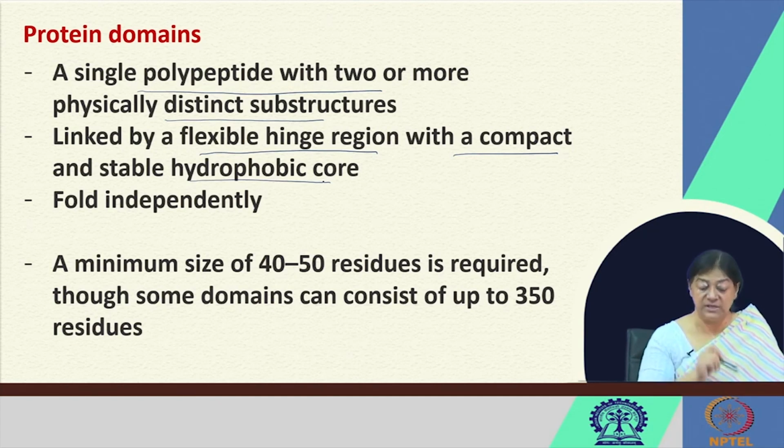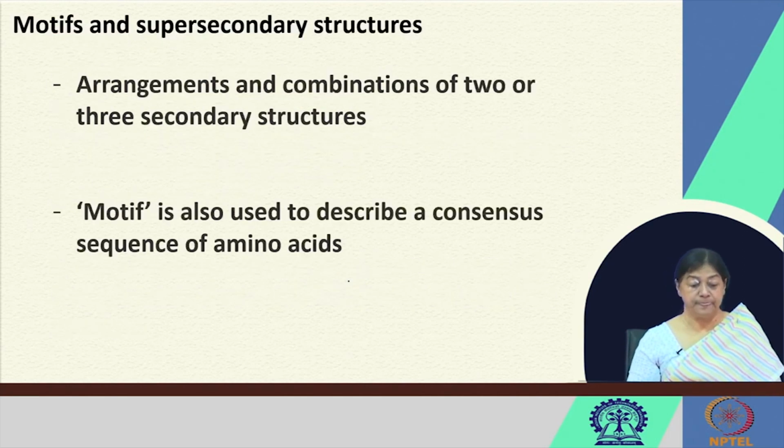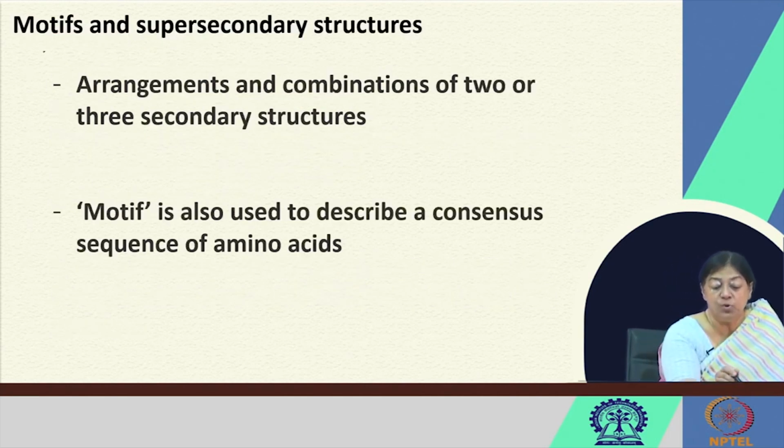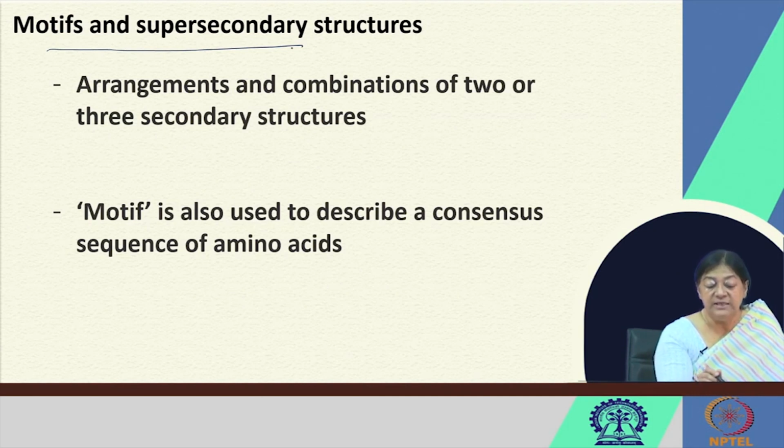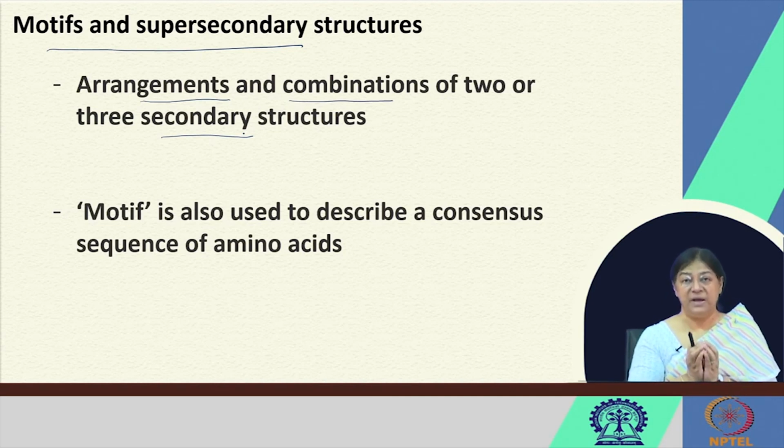These are the protein domains that we are talking about, and there are specific sizes of these domains that could range from a 40-50 residue part of the polypeptide chain, or even up to 350 or more. When we look at motifs and supersecondary structures, they are arrangements and combinations of 2 or 3 secondary structures put together, where a combination of secondary structure elements forms a unit by itself.